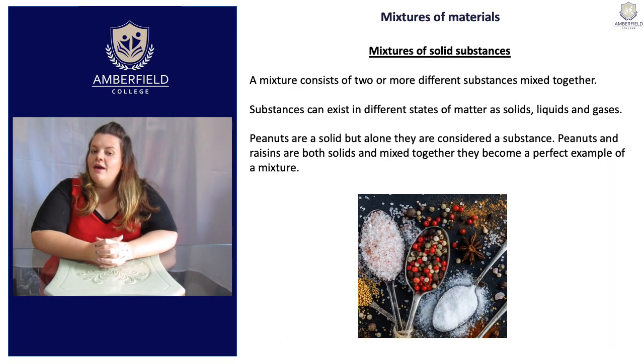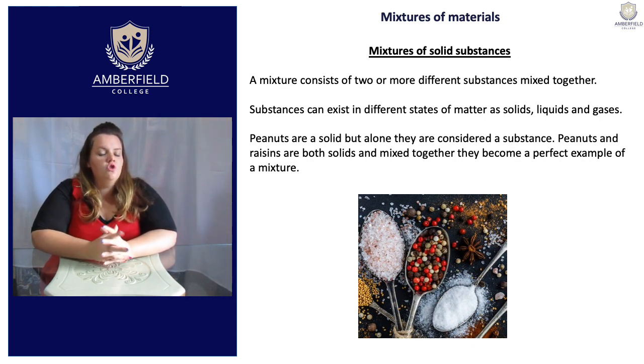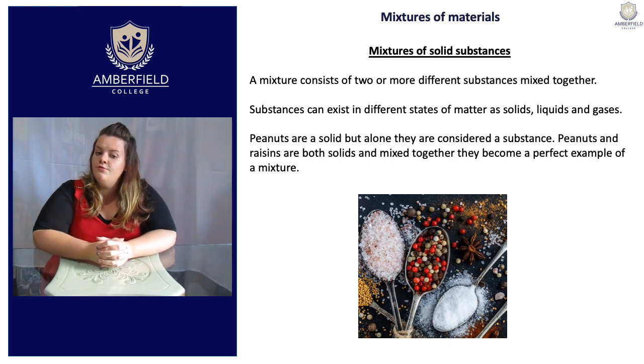Today we're going to look at mixtures of solid substances. We're still on the topic of mixtures of materials, but we're going to take a deeper look into the mixtures of solid substances. A mixture consists of two or more different substances mixed together.